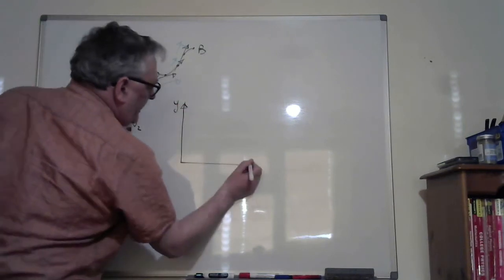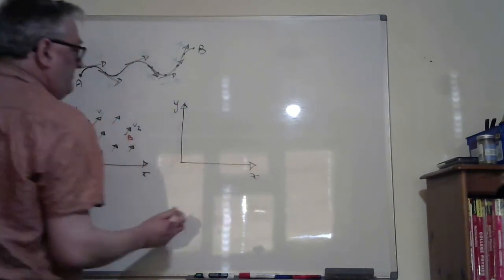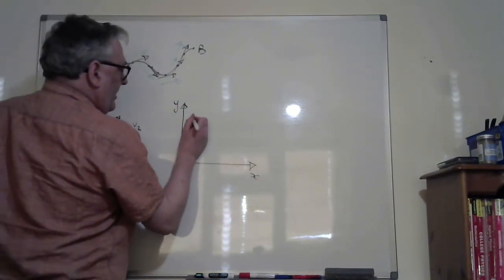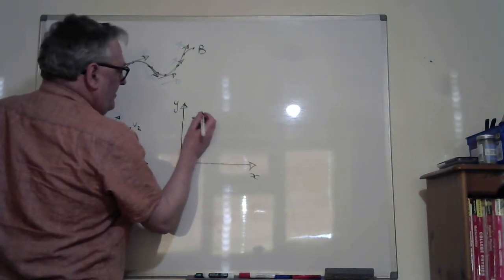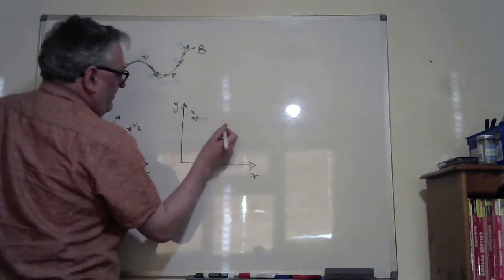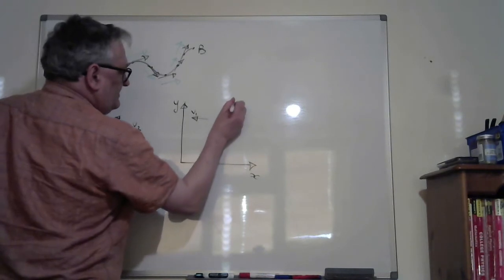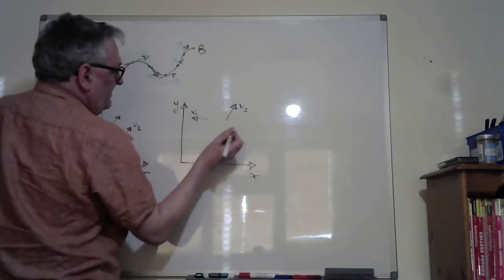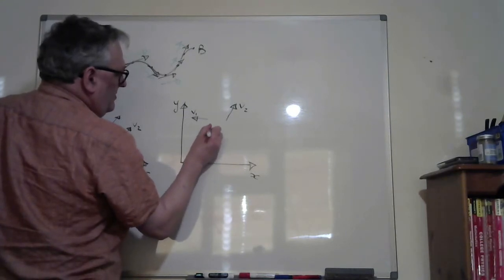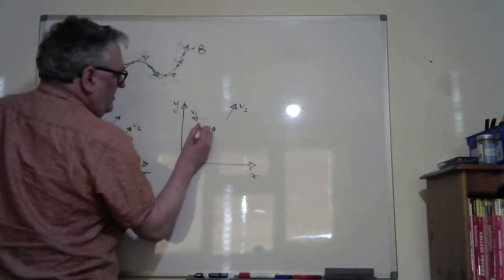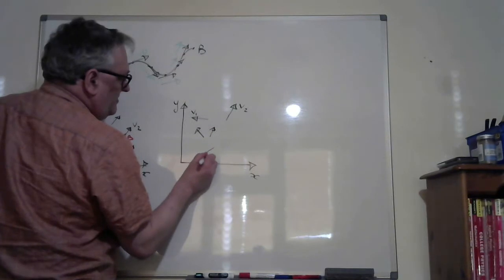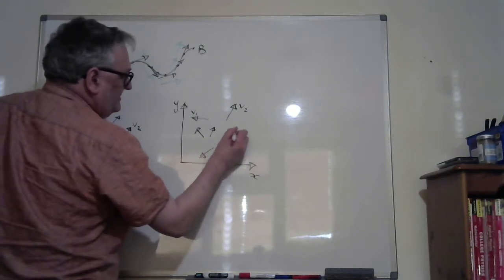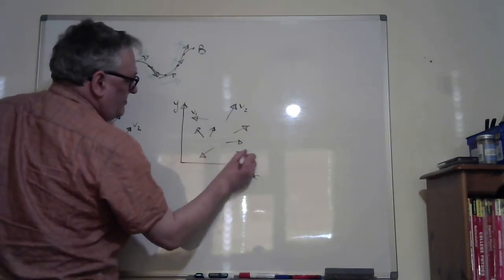I'll call this y and x as we did before, but this time we have our vector v1, I'll say up there, vector v2 there, might be of a different length as well, and all these other different vectors going in different directions.